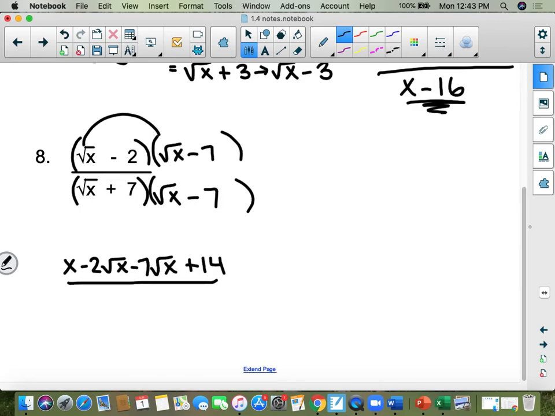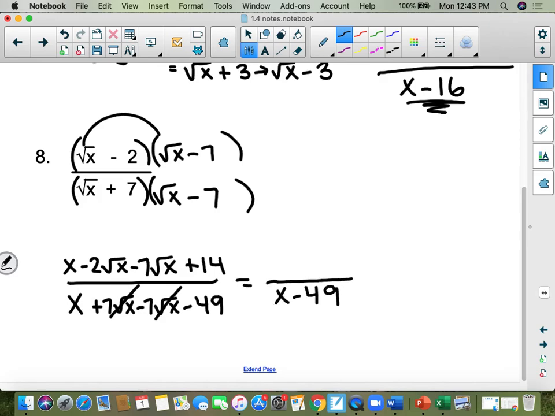I'll wait for you to catch up. On the bottom, I'm going to get an x plus 7 root x minus 7 root x minus 49. Goodbye, goodbye. I have x minus 49 left on the bottom. I got rid of my radical. And on the top, I'm going to have x minus 9 root x plus 14.